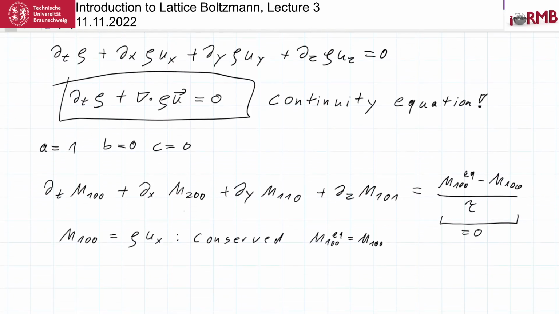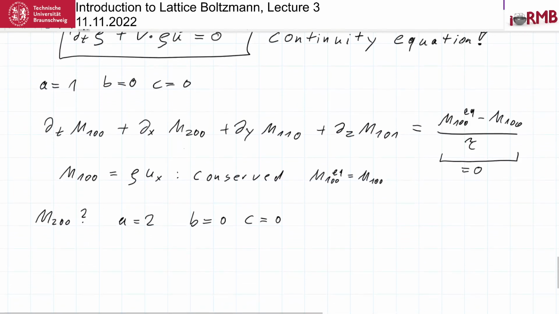And so we start with m200. What is this? Well, we can calculate it from A equal to 2, B equal to 0, and C equal to 0. This will give us dt m200 plus dx. Now we have to count up the first index again.